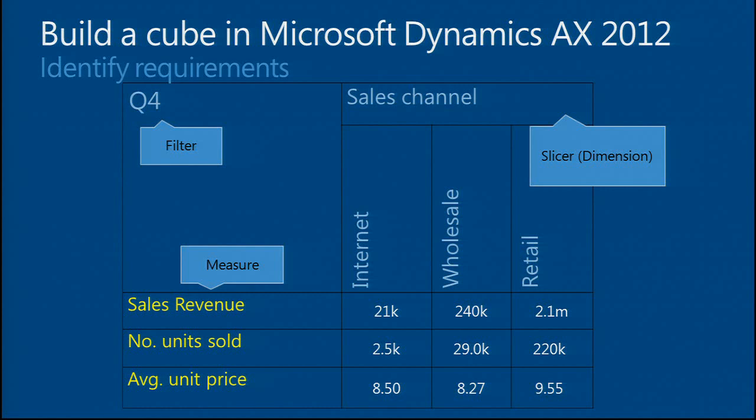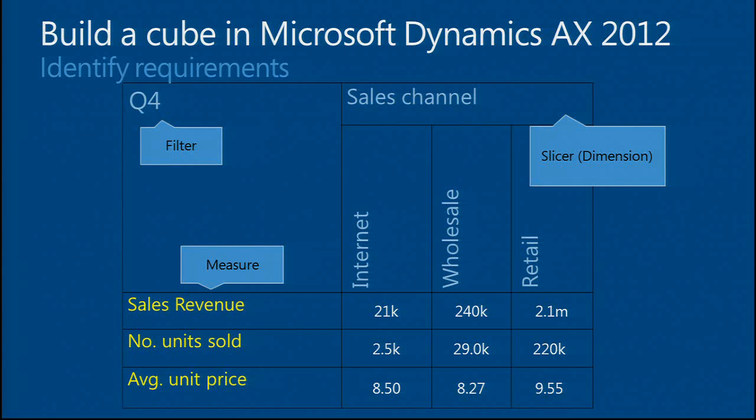And my dimensions are the things that I want to slice it by, and they're in columns. That's how you get a list of questions transformed into measures and slicers. And you could also think of filters. But fundamentally, the idea here is you want to identify the measures and then the slicers or dimensions in a more formal way, right?